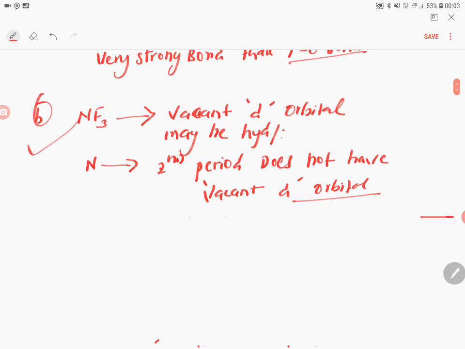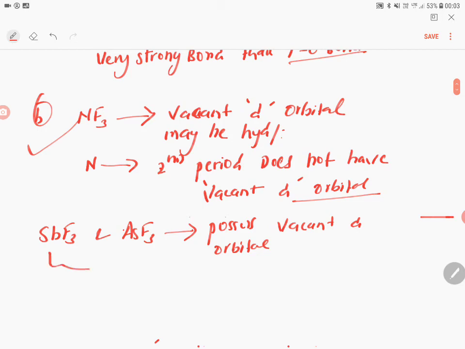And SbF3, antimony trifluoride, as well as arsenic trifluoride possess a vacant d orbital. Therefore, we can hydrolyze them.